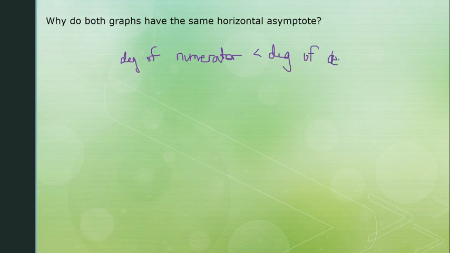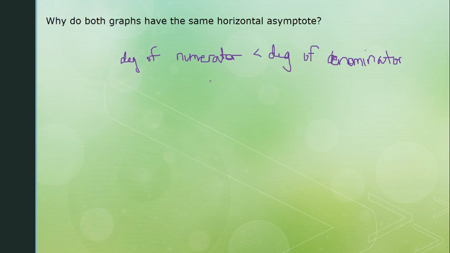So since they both have the same thing, that is why they both have the same horizontal asymptote.